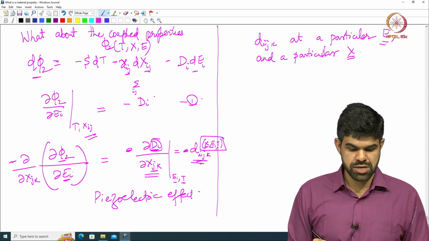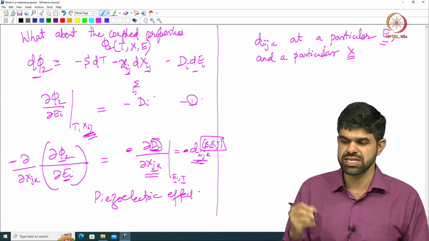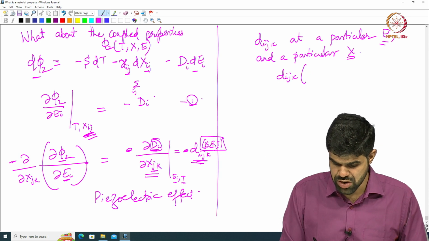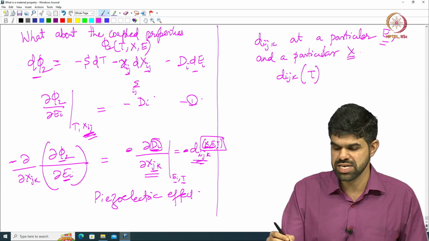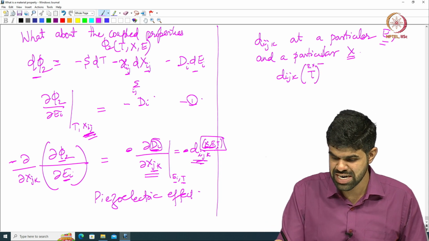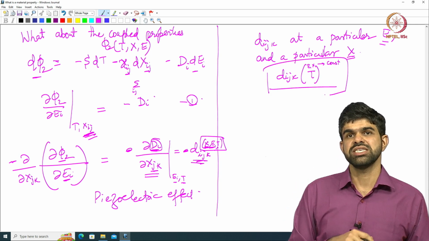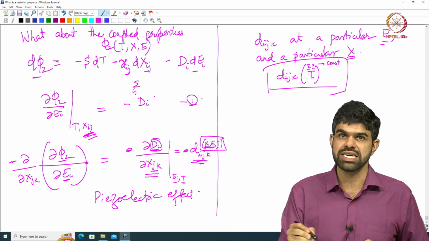Whichever is given here, that stress state is held constant and this electric field is held constant. So, this dijk is calculated at a particular E and particular x. So, this will only be dependent on temperature in that sense, right. So, E and x are constant. Temperature can change and dijk will change with temperature, but in general dijk will be a function of E, x and t.